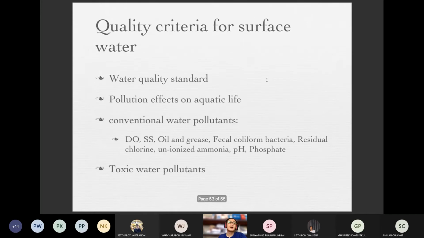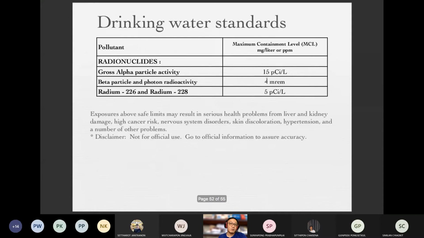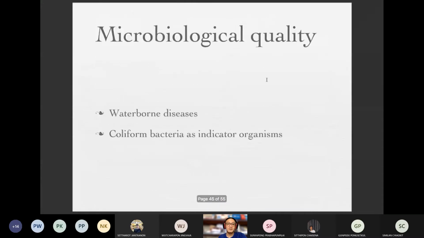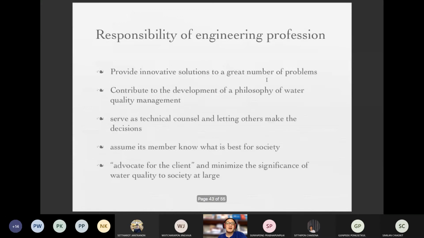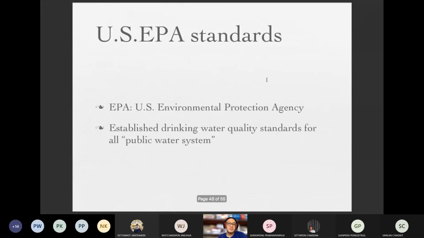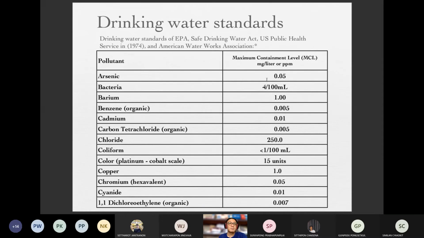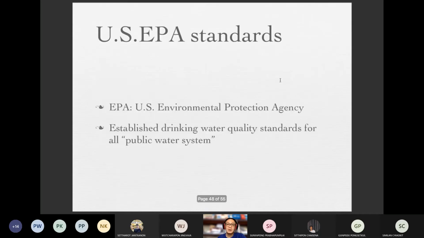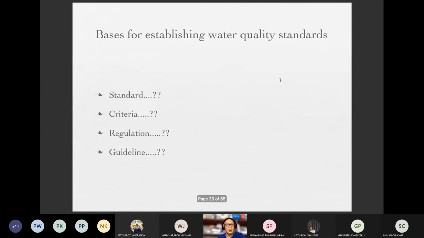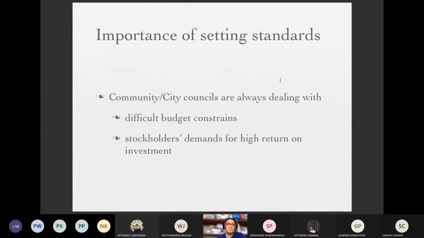So these are examples of the standard set up by the first approach. In the first approach, they usually mention the standard and describe lots of parameters, and the parameters should not be higher than the value they have proposed, with the unit in milligrams per liter. So these are the standards set up by the first approach, the governmental stipulation.